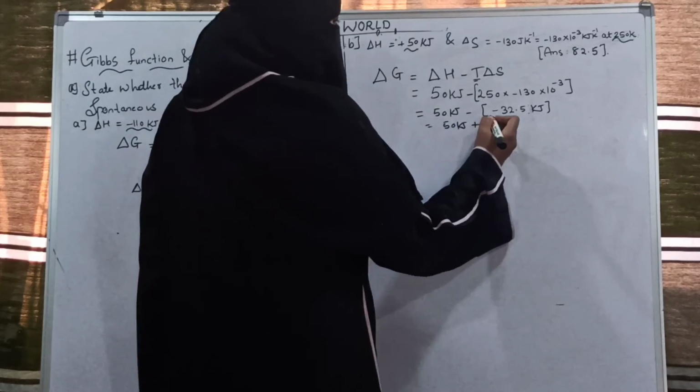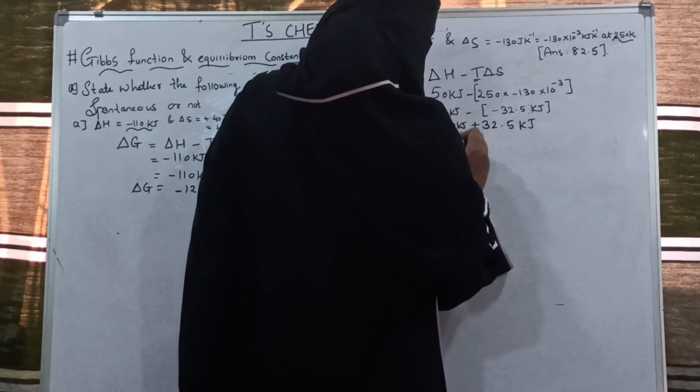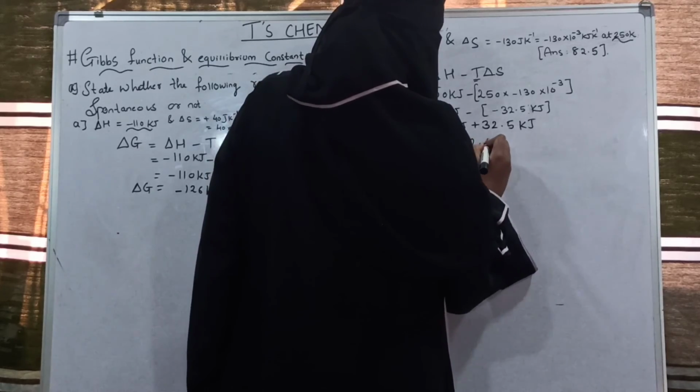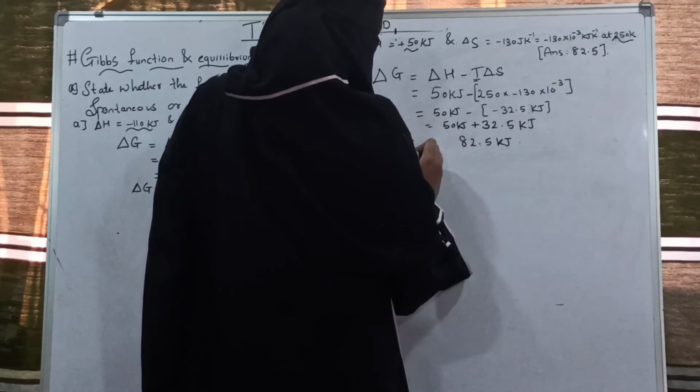Here 50 kilojoule minus minus is plus, so plus 32.5 kilojoule, and the answer is plus 82.5 kilojoule. That is delta G.